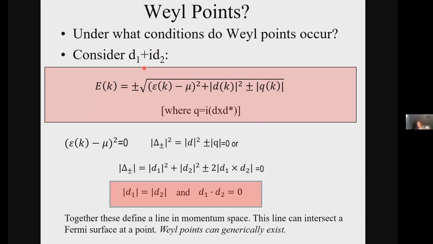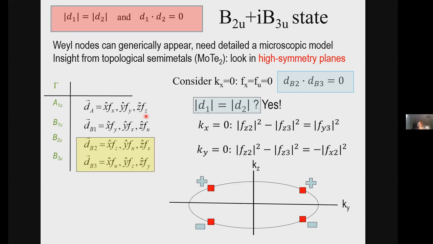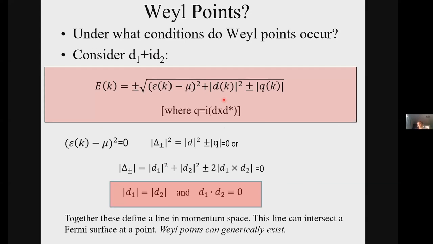In my picture, this is, for example, what I call d_B3u and d_B2u. Those would be all real. These are d vectors, yes, real combinations of these three components that I show here. So is your pairing non-unitary? Yes. In fact, this Q here is the non-unitary part.